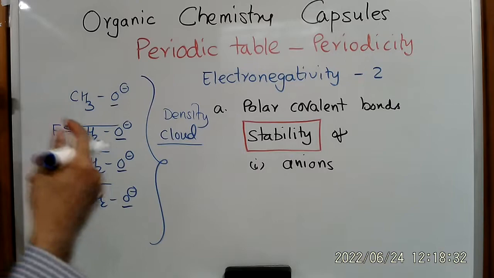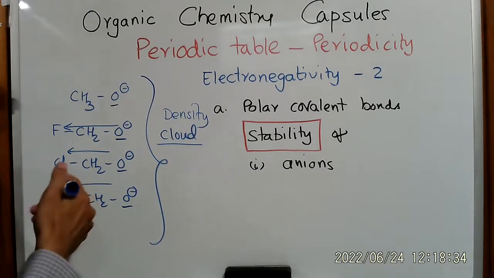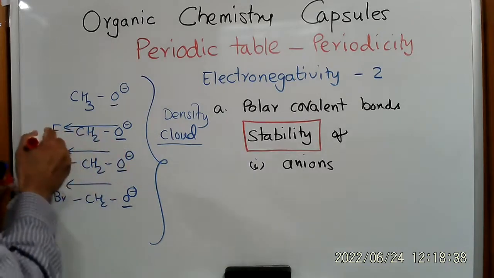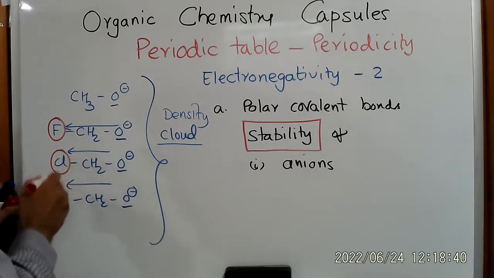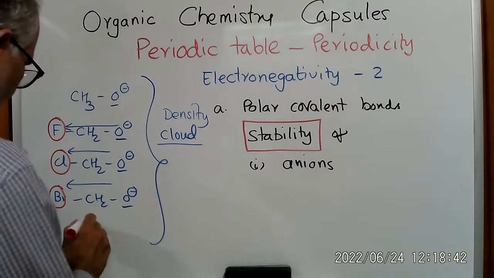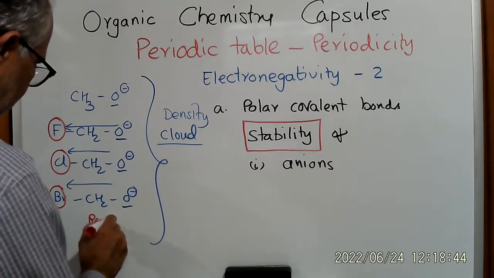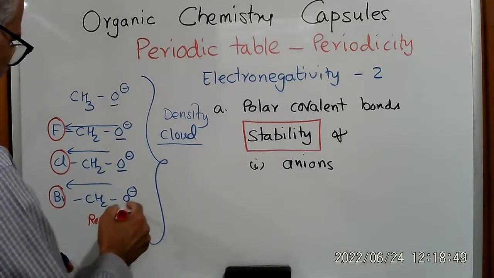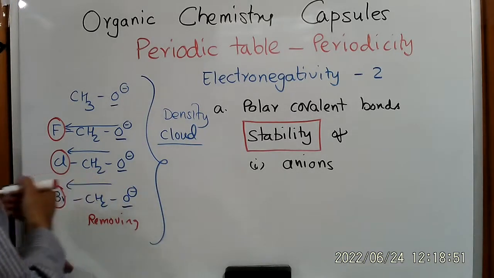So these elements, fluorine, chlorine, bromine, are removing the electron cloud from oxygen towards themselves.